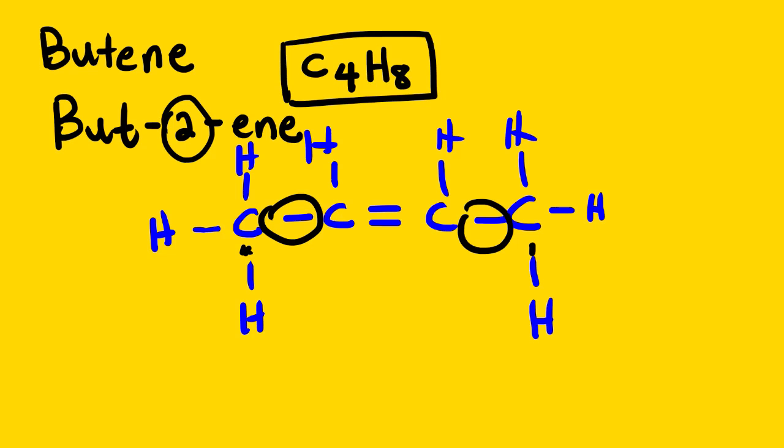Before we continue any further, looking at the skeletal structure of this, we are going to have 2, 3, 4. We have 1, 2, 3, 4 carbons, and then the double bond is between carbon number 3 and... there's a small mistake here.